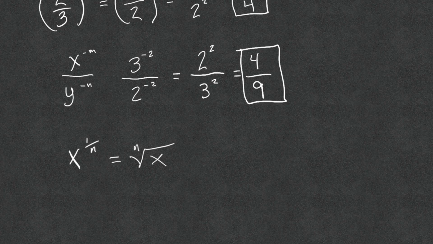There is a known inverse relationship between exponents and roots. So as long as x is a real number, and n is a positive integer, right, that denominator in the exponent, then this is true. This holds true.